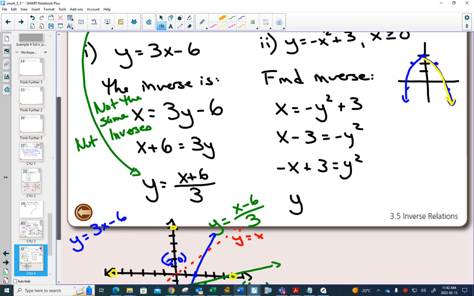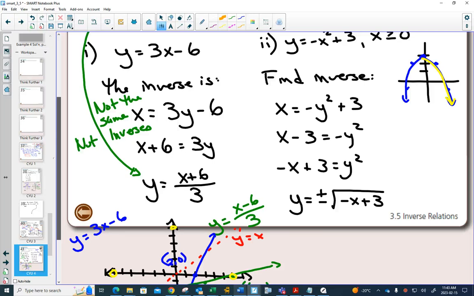And now I can square root both sides. And I get plus or minus the square root of negative x plus 3. But since there was a domain restriction, we're only going to get one of those graphs.